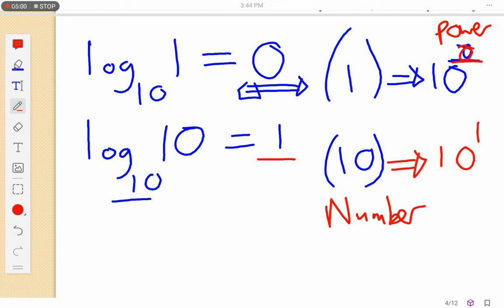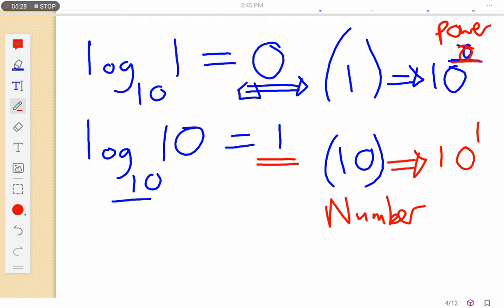That's why you see log 10 base 10 is equal to 1. So the logarithm of a number is the power to which 10 is raised to give that number. That's basically what we are saying here. Okay, so maybe we can continue.